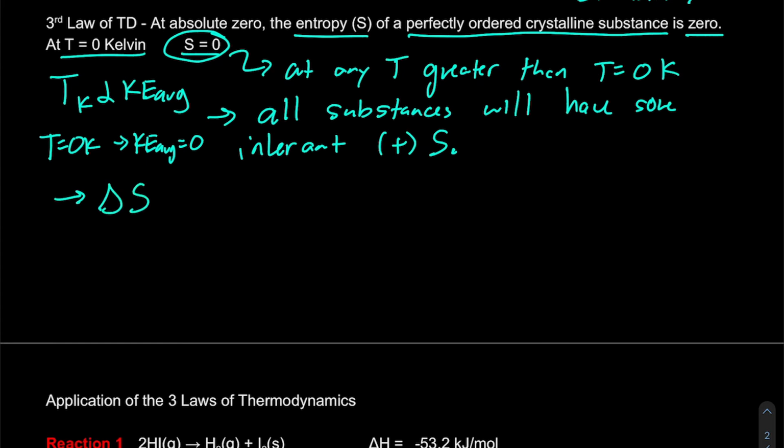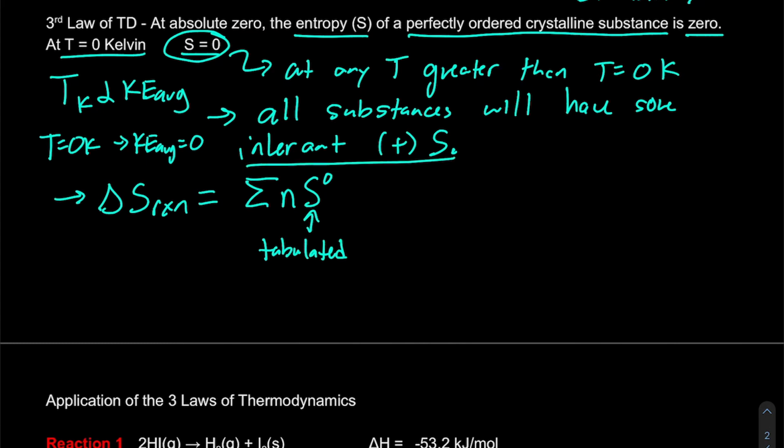So one of the main consequences here is that the change in entropy for a reaction is equal to the sum of all of the standard entropies, so these would be tabulated, known, inherent entropies, for our products, minus the sum of the standard entropies of our reactants. Again, this is at 25 degrees Celsius, which is why we have that standard value there.